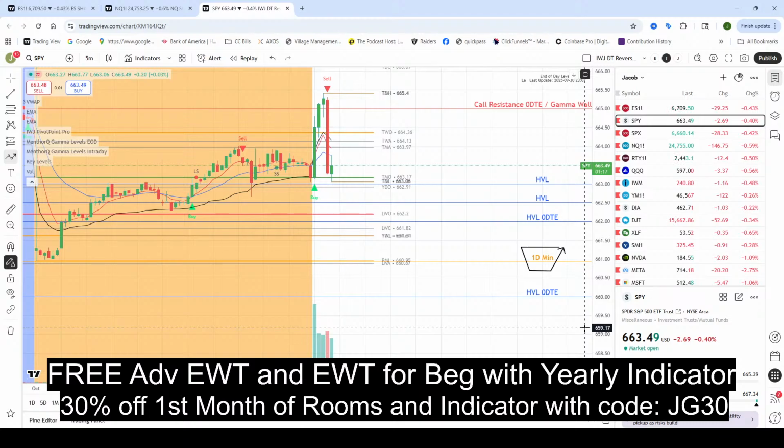Why would my indicator not flash the green buy? I don't know. Maybe you have a feed issue with TradingView. Try refreshing your screen. Every morning, guys, because I have Mentor Q, if you leave your screen open overnight, or you always have your same TradingView screen open, I always refresh my screen every morning just to get the feed running again and make sure all the data is coming through, as well as the Mentor Q updated levels.